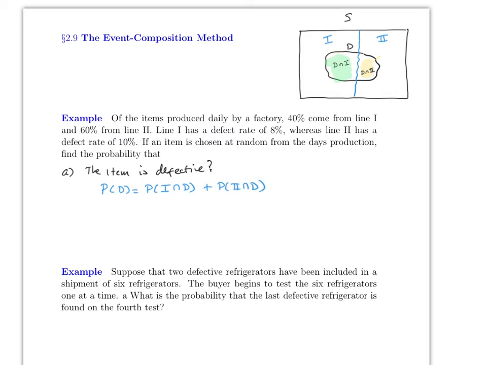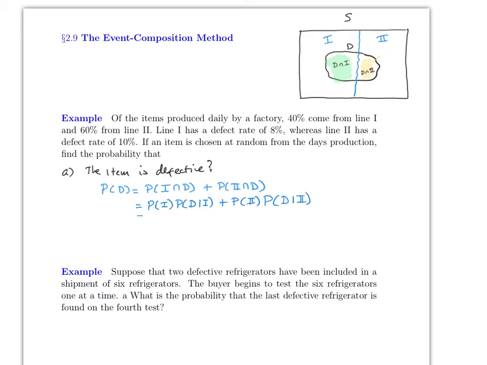Now, by the multiplicative rule of probability from the previous section, this is equal to the probability that it came from the first factory times the probability that it will be defective given that it came from the first factory. And we do the same thing with this one, so this will be the probability that it came from the second factory times the probability that it is defective given that it came from the second factory.